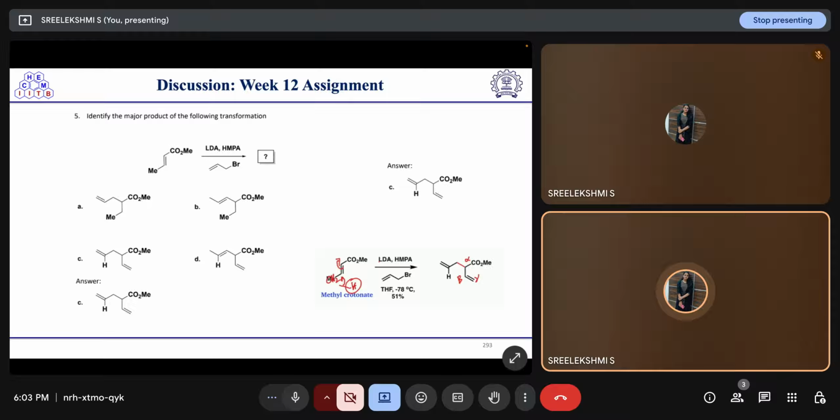So here the correct answer is option C. And what is happening? In this methyl crotonate, proton abstraction takes place from here and that bond will shift over here. This will come over here, and then the negative charge will attack this position. This double bond will shift over here. So this is like a 1,4 attack kind of thing.